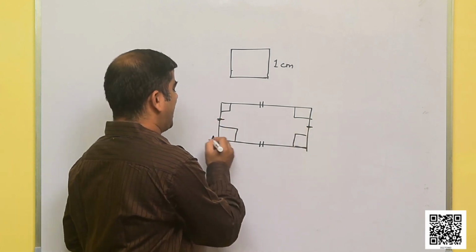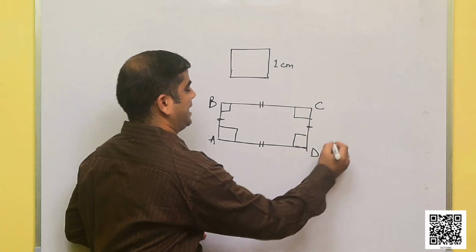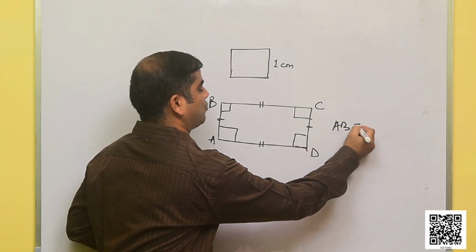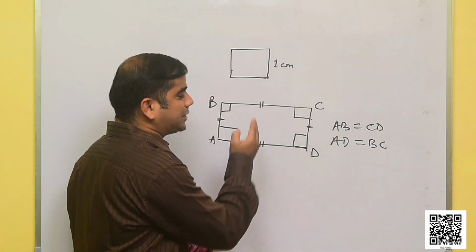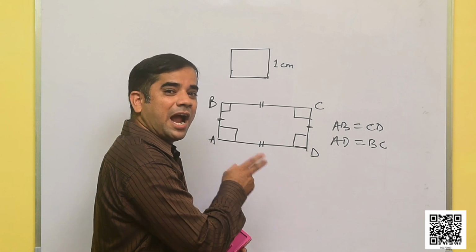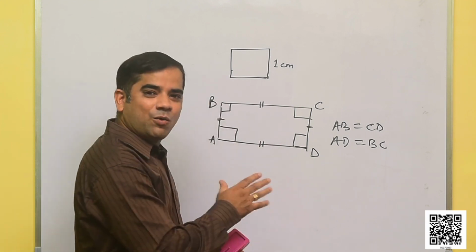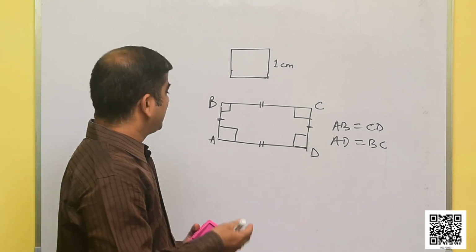That means if I name it A, B, C, D, in this case AB is equal to CD. The opposite sides AB and CD are equal and parallel to each other, and BC and AD are equal and parallel to each other.